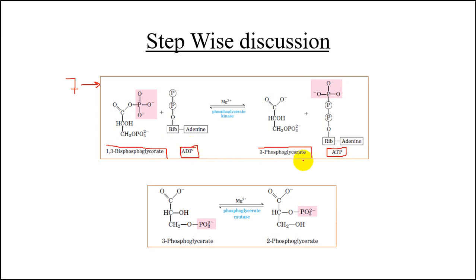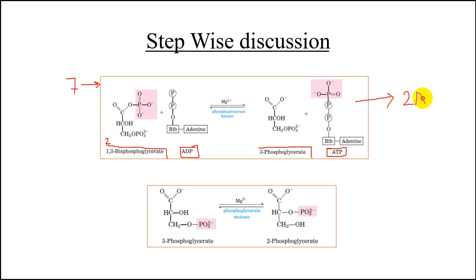The phosphate group is transferred to a molecule of ADP and the first molecule of ATP is produced in this step. Since we have two molecules of 1,3-bisphosphoglycerate here, the net outcome is 2 ATP.